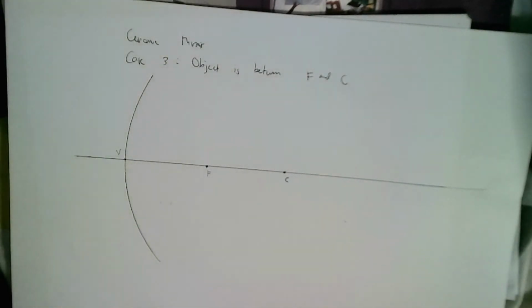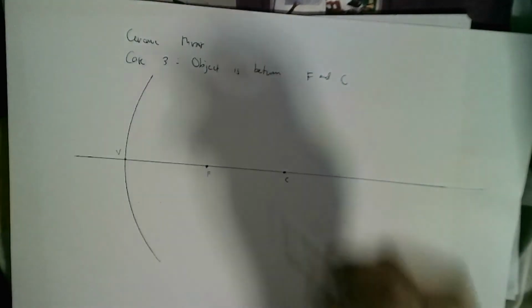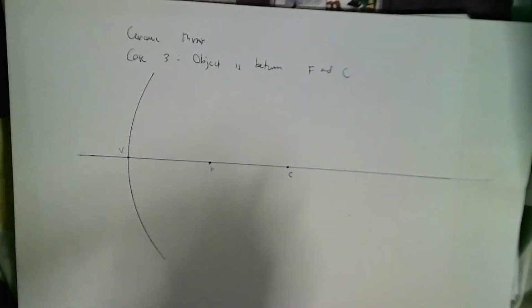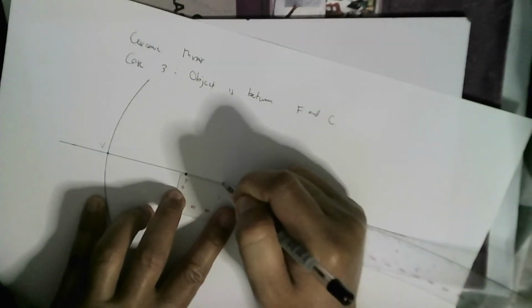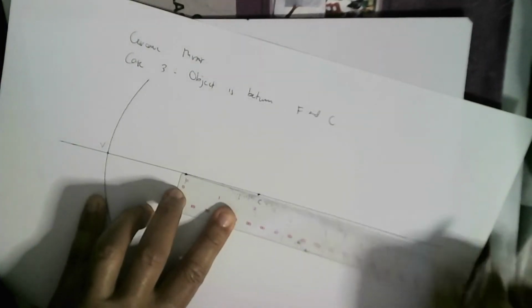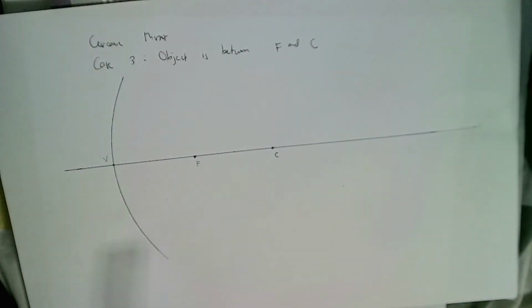But just so that it's easy to spot, let me pick the exact center of the two. So the exact center of the two will be somewhere here. So that's where I'll put my object. And then I will now decide the height of the object.